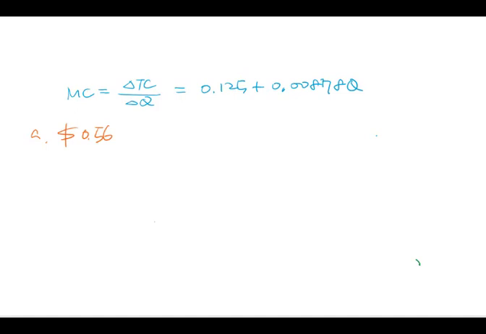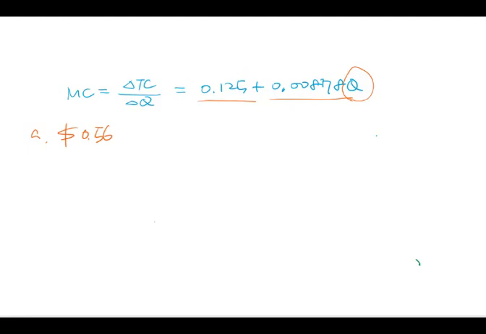Question C, derive the marginal cost curve for this plant. We already did it. And indicate how it might be used by the plant's manager. Here we already know that the marginal cost curve has a positive slope. So it's a straight linear line with Q and a vertical intercept of 0.125.